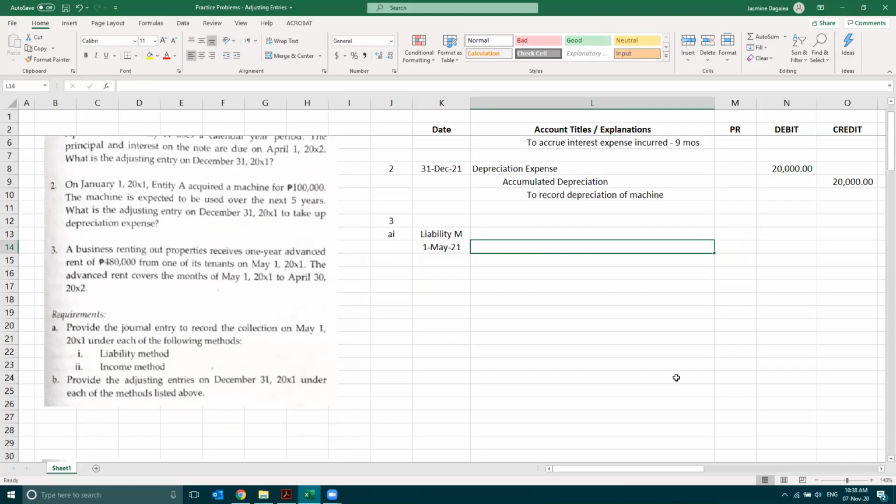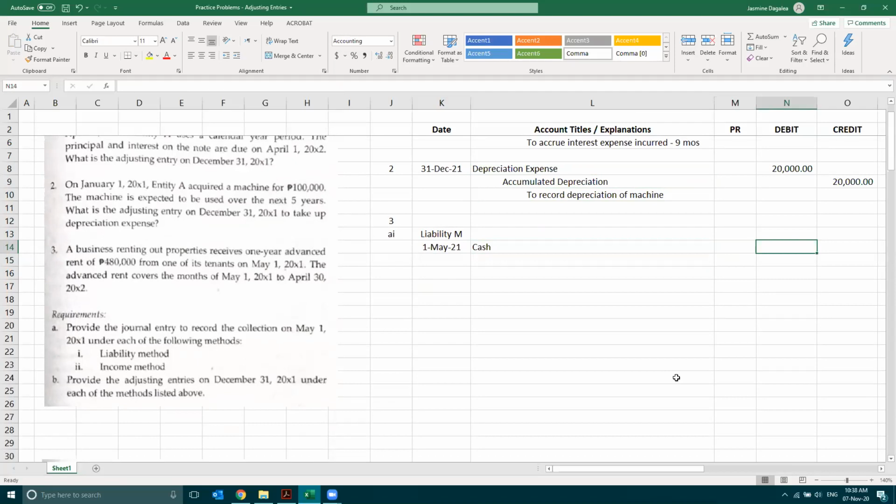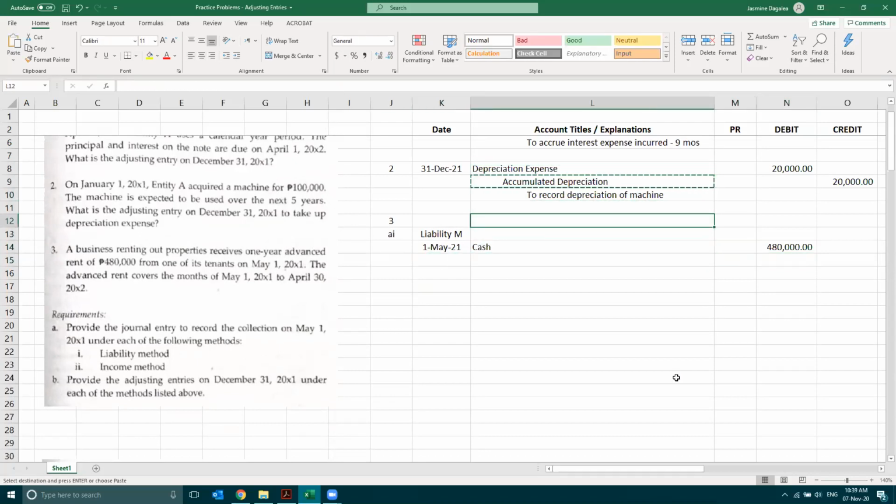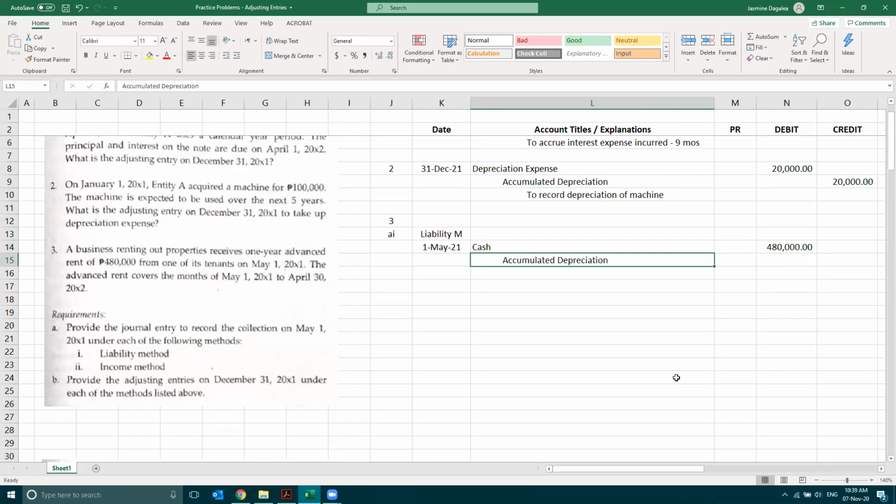Debit cash, 480,000. Credit, 480,000. Not prepaid rent. Don't be confused: you did not pay, you received the cash. Prepaid is when you pay in advance. In this case, it is unearned.